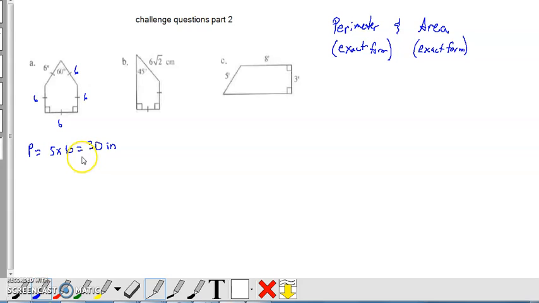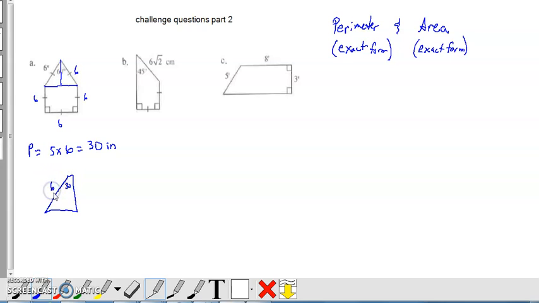Now for our area, so let's go ahead and break this up. I'm also going to cut my 60-degree triangle into 2. So if I did that, what I basically just did was I made this your 30 degrees.